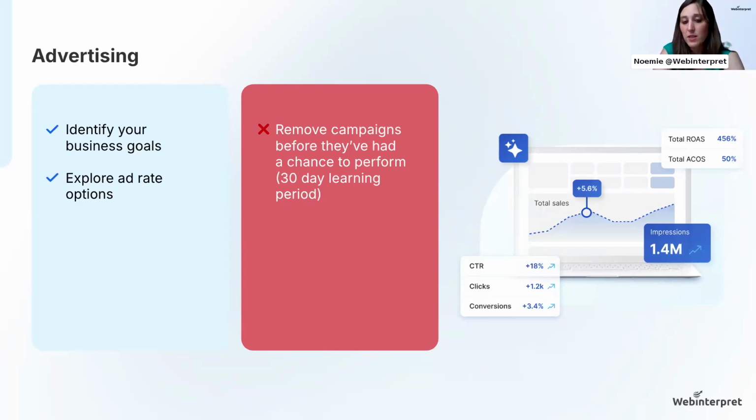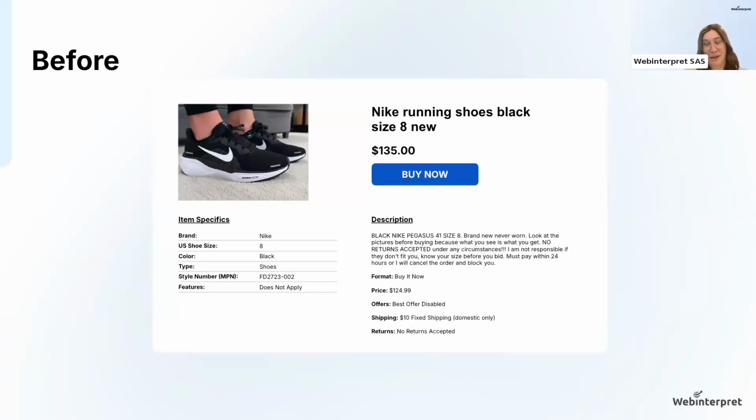And don't panic if you don't see any results after 1 week. Think about this 30-day learning period. That's a really good one as well because it's really tempting to pull out before the end of the full 30 days.